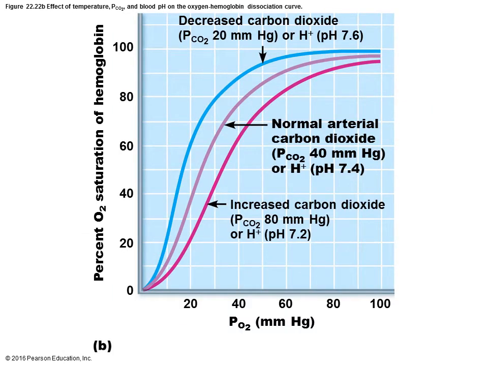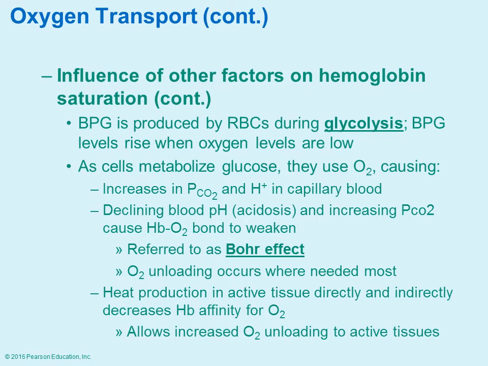Also, if you change pH, you change the partial pressure of carbon dioxide, and all those graphs are showing how the different factors influence how well the hemoglobin can pick up oxygen and release oxygen. BPG, which is also involved with how well the hemoglobin can bind oxygen, can have an influence.